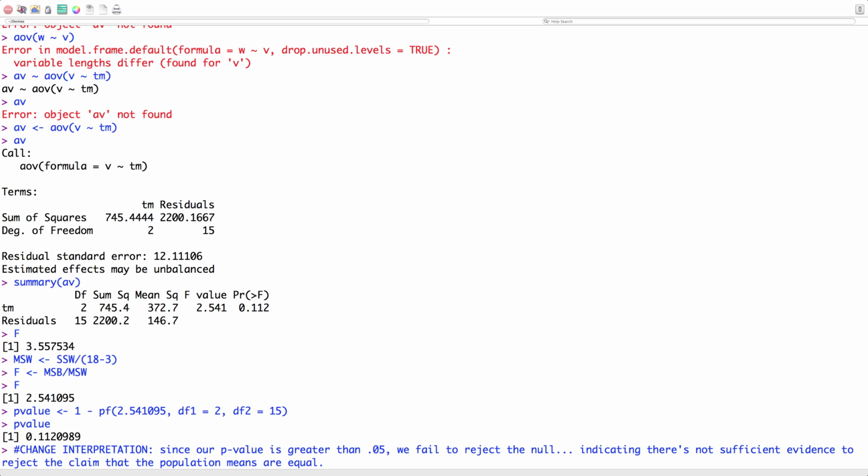Doesn't mean it's true. It's all about evidence from our sample. Really, which is it more supportive of? I like to think that when we have a p-value less than alpha, we have more support for the alternative hypothesis. If we have a p-value greater than or equal to alpha, then we have more support for the null, or at least we can't reject the null.